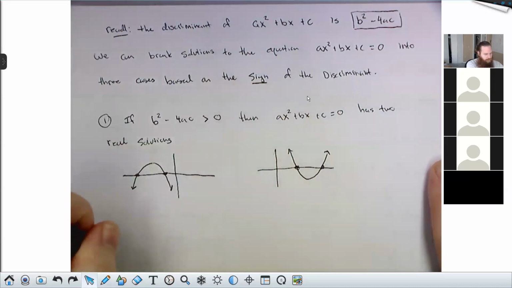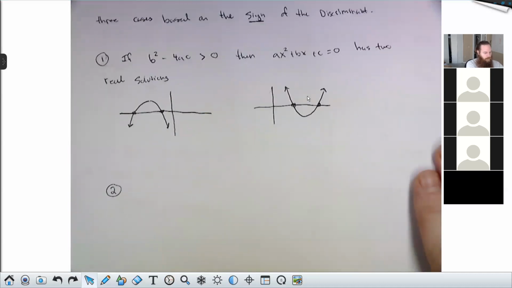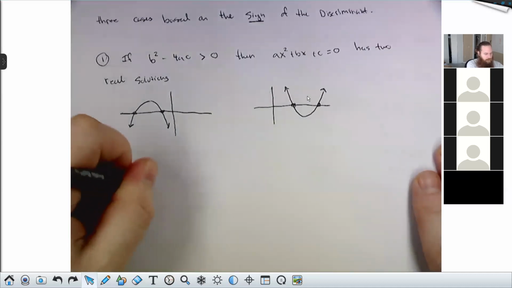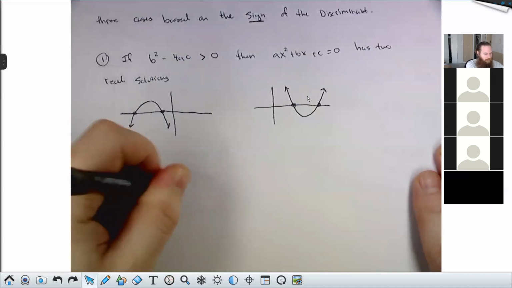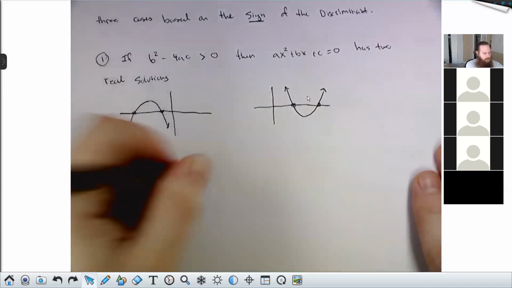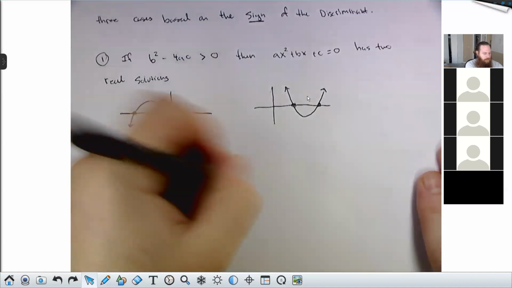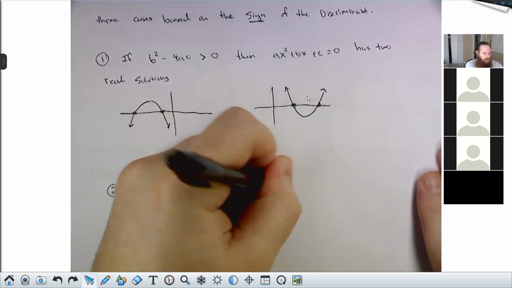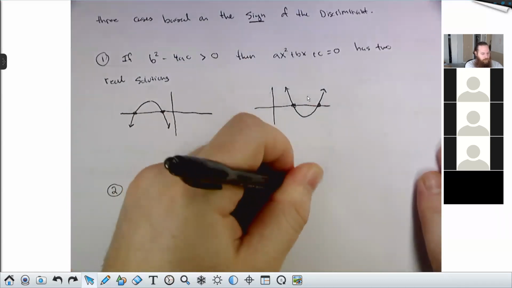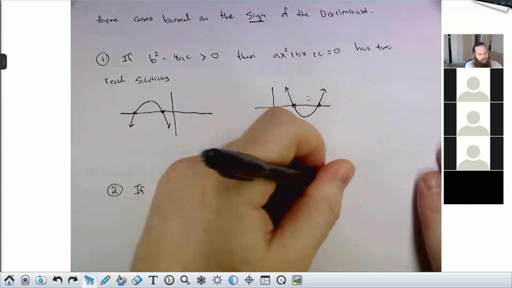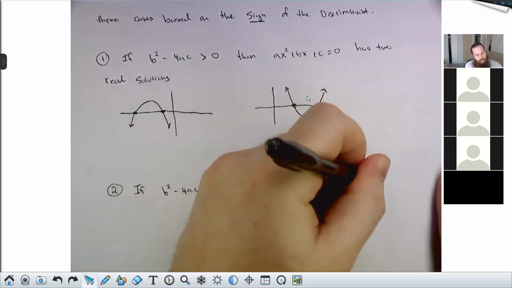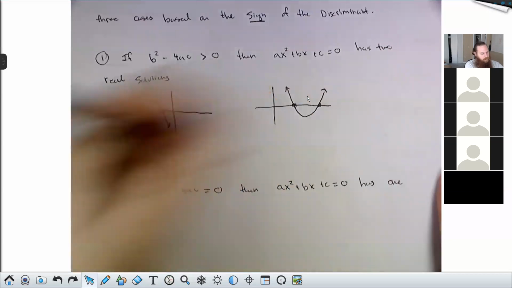If b squared minus 4ac, the discriminant, is equal to 0, then the equation ax squared plus bx plus c equals 0 has 1 real solution.